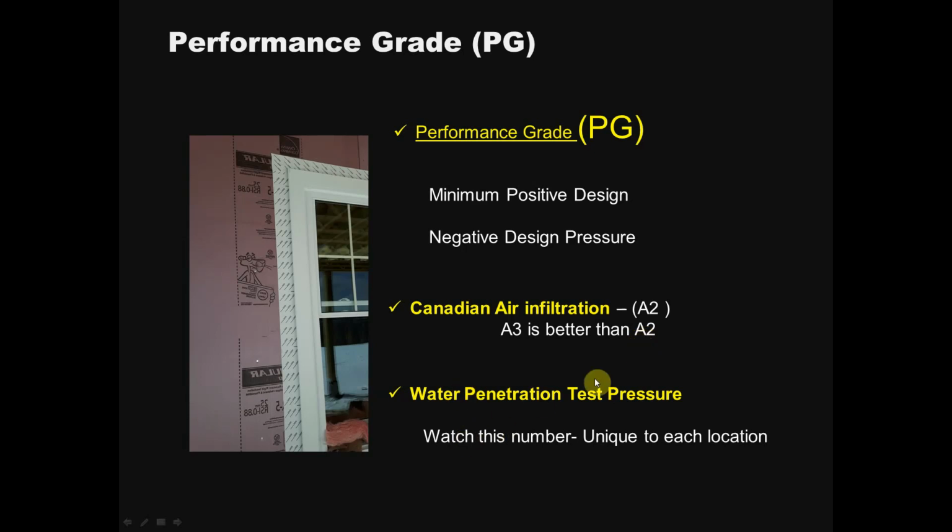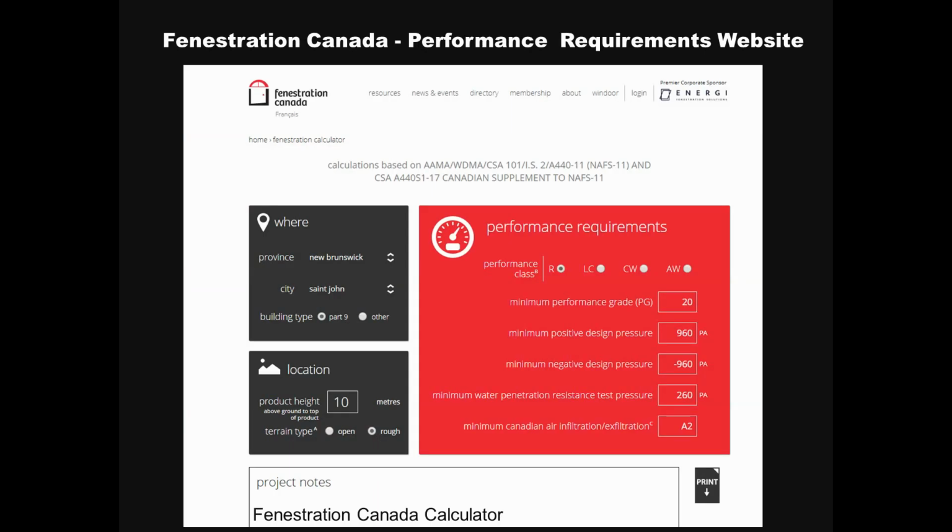Then your water penetration resistance test: watch this number because it's unique to each location, as I said earlier. So if you go into the Fenestration Canada website, and I can put a link below, you pick your province and your area, in this case St. John's, Part 9, 10 meters in height, rough terrain, and then it'll calculate the numbers.